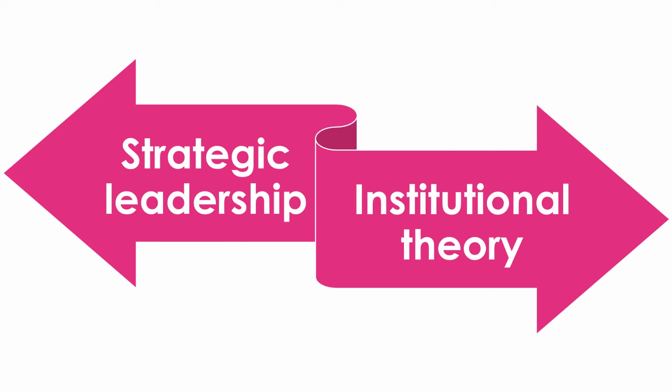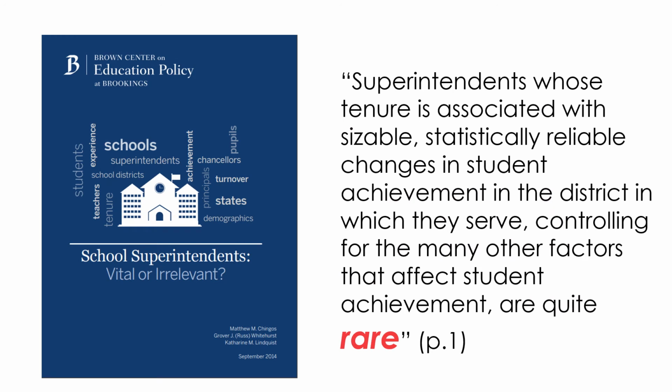According to institutional theory, leaders have little impact because organizations are exceedingly resistant to change, swept along by external forces and constrained by conventions and norms. There is also empirical evidence supporting it. One of the studies that support institutional theory is titled School Superintendents: Vital or Irrelevant?